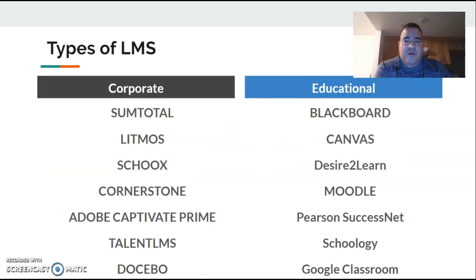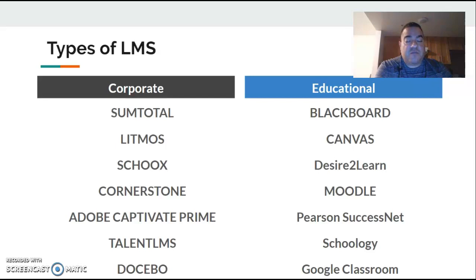If you think about it in its simplest and most basic form, there are really two types of LMSs. There's what I like to think of as your corporate LMSs, which are typically used by non-educational entities. These usually require a substantial investment.